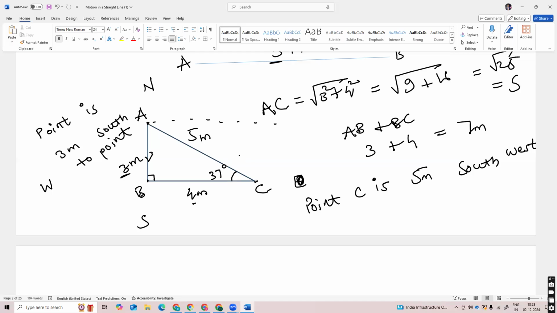So this angle is 37 degree and this angle is 53 degree. Since this is 37 degree, this angle is also 37 degree, from basic geometry. So you can say point C is at 5 meter southwest at 37 degree to point A. So when you are telling displacement, the direction is also important, whereas if you are telling distance, direction is not important.